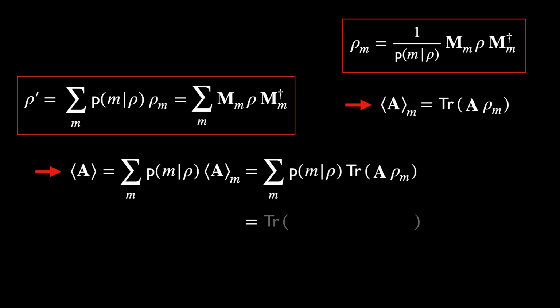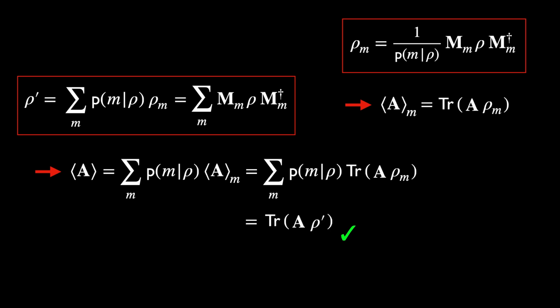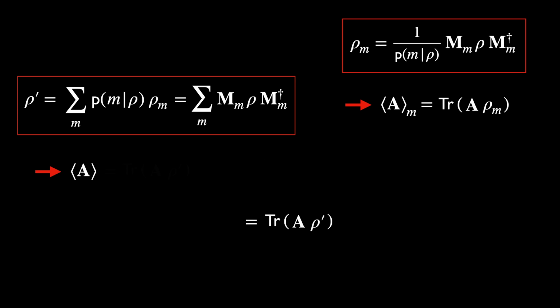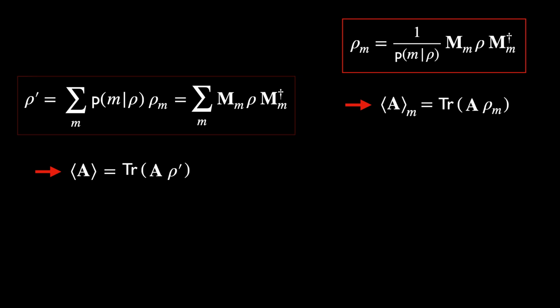Using the linearity of the trace, we thus get back the same trace formula for the average value of an observable, but this time with respect to the ensemble rho prime. The state rho m comes from what is often referred to as a selective measurement, that is, a particular outcome is chosen, while rho prime comes from a non-selective measurement.